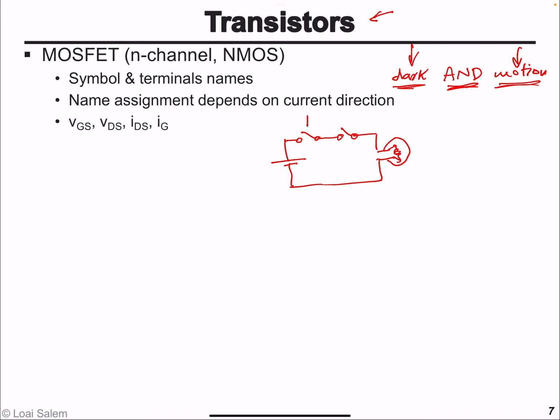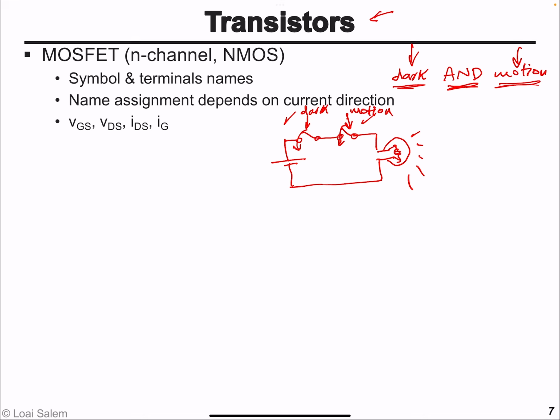When it's dark outside, the light sensor is going to produce logic 1. And the second sensor detects motion and produces logic 1 when there is motion. So if it's dark and there's motion, both switches are going to turn on, which will turn on the light bulb.